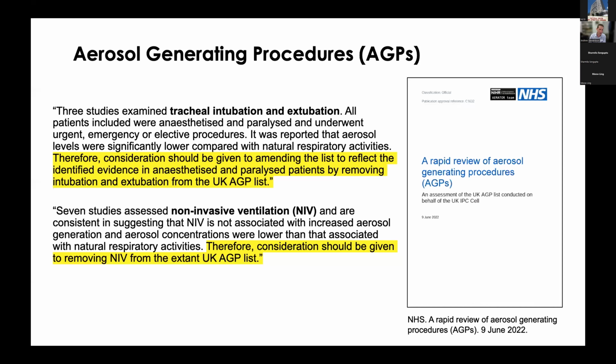And that was because of this review that was done not all that long ago, actually, just updated in June of this year, which for tracheal intubation and extubation reviewed 3 studies, and for non-invasive ventilation, 7 studies, including several of those that I presented earlier on. In both cases, they said that the evidence identified suggested that it may be appropriate to remove those procedures from the list of aerosol generating procedures, which is what subsequently happened.